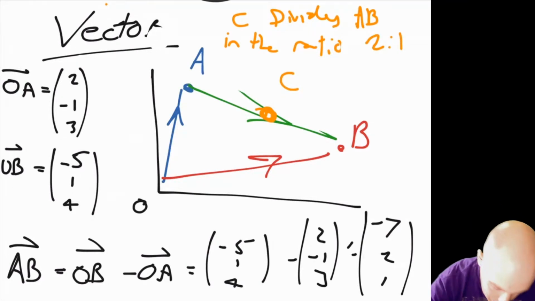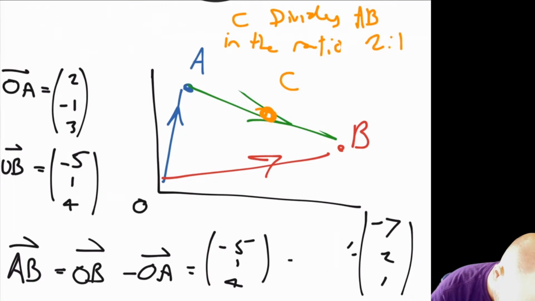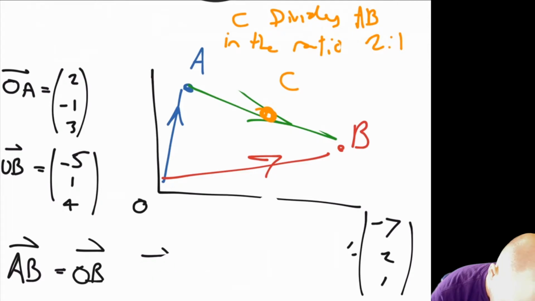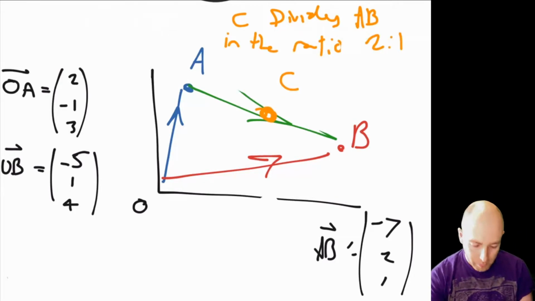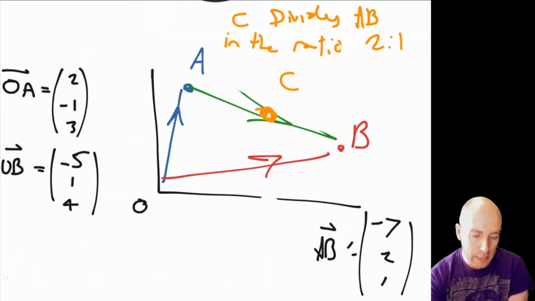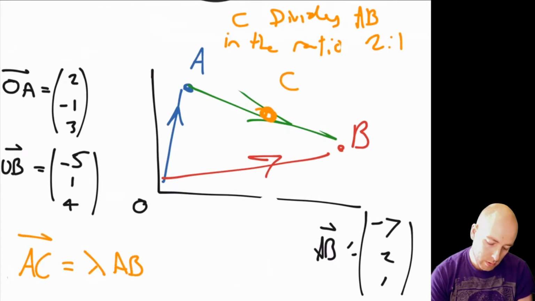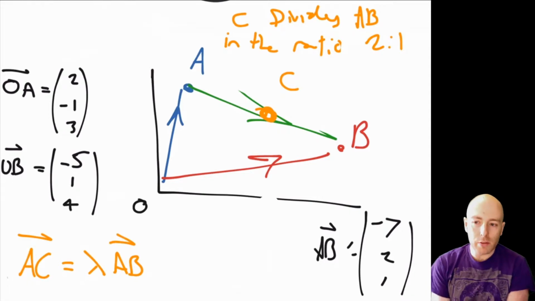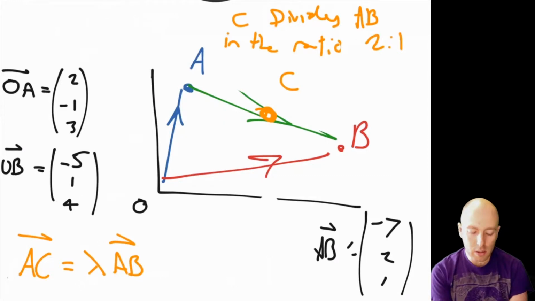So if I make some space here, because C is on AB, I can say AC is part of AB. It's parallel. I've used lambda because they're parallel. It's a fraction of AB, so we can use lambda as a placeholder. I could say mu as well.